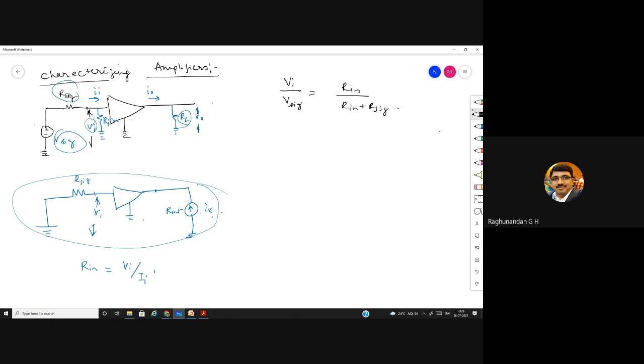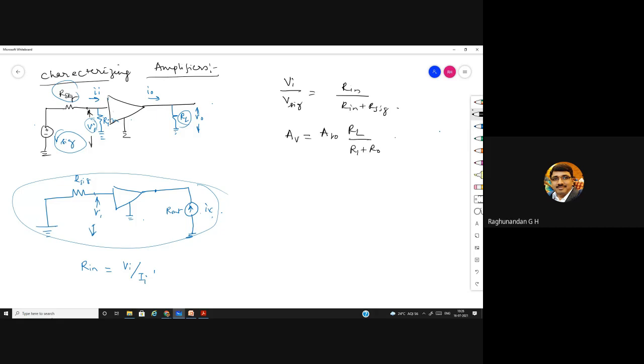And when you look into the formula of Av0, Av0 is given as V0 by Vi, and the overall gain Av can be given as Av is equal to Av0 into RL divided by RL plus R0.